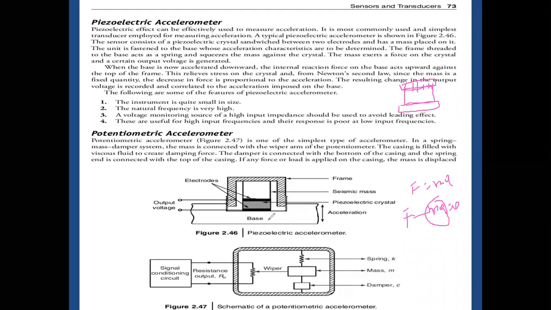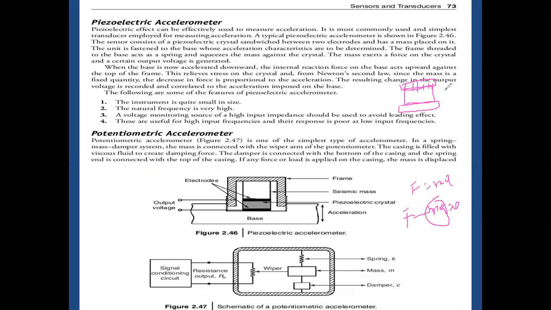So some kind of inertia force acts against the acceleration, which is actually upwards. Why? Because the body is moving with some acceleration in a downward direction, so obviously the reaction force, or inertia force, acts in the upward direction, which causes a change in force proportional to the acceleration.